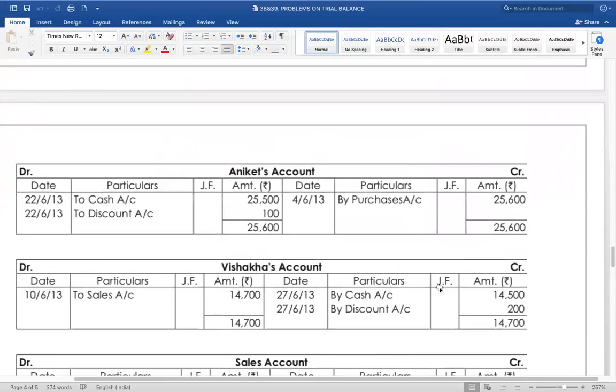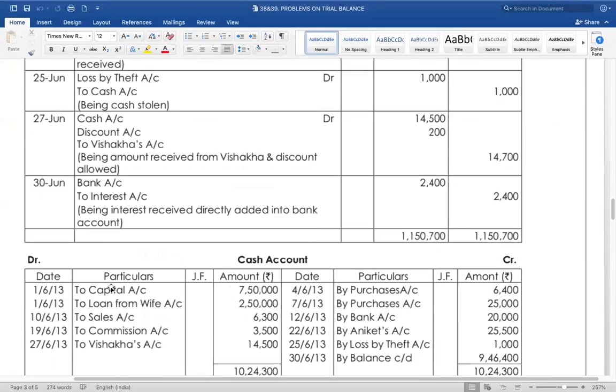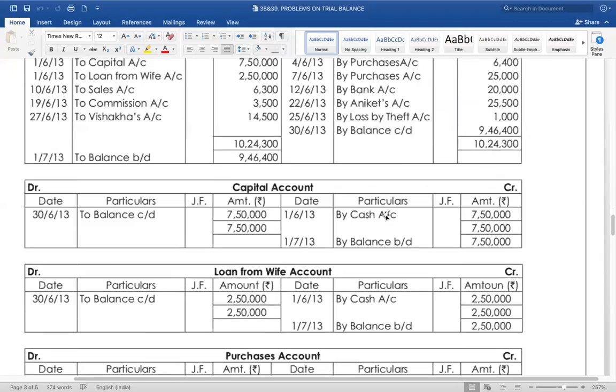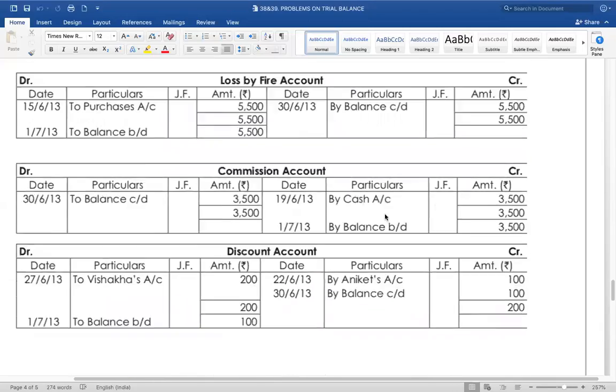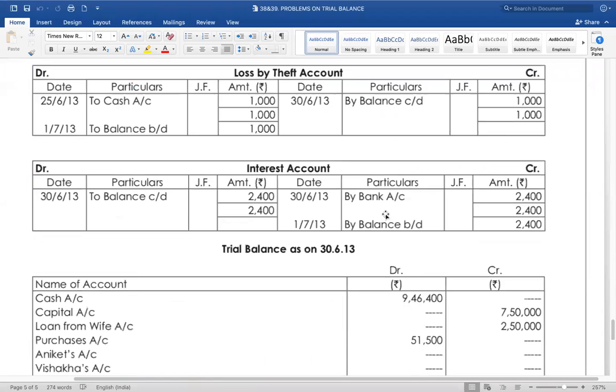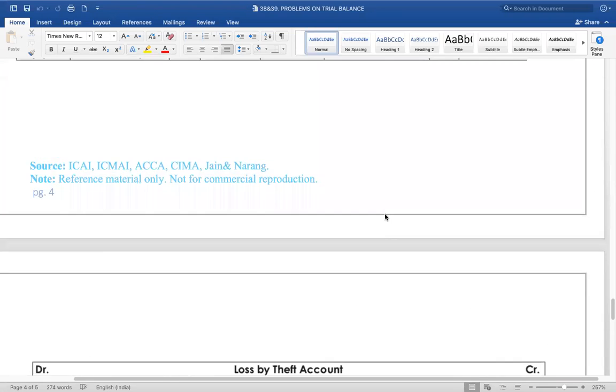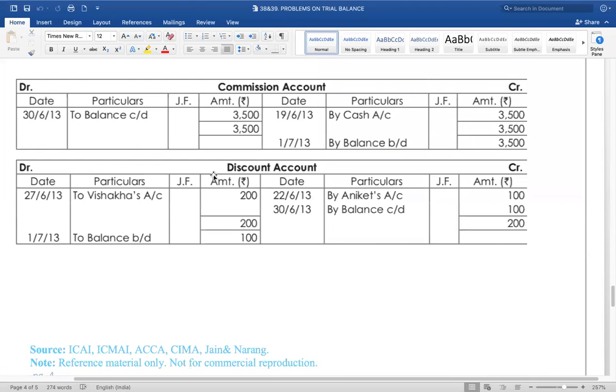And what else have we missed? We're done with interest, bank we have taken, Vishaka we have taken, discount. Okay, discount account. Debit to Vishaka 200, by Aniket 100. The difference is 100. So Vishaka gave 200 discount, we gave 100 discount.